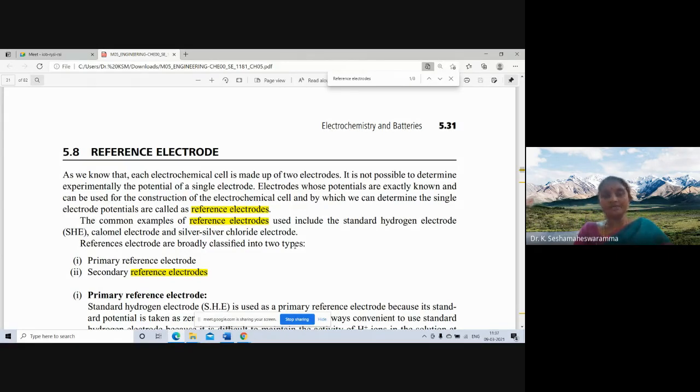The common examples of reference electrodes include the standard hydrogen electrode, calomel electrode, and silver chloride electrode.